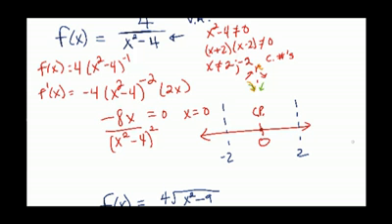We still want to see the behavior on either side. So the first test point I'm going to plug in is negative 3. Where do I plug it into? The first derivative. Now note that this first derivative denominator has the exponent of 2. That means that the denominator is always going to be greater than 0, or always positive. You see that? Because when you square something, whether it's positive or negative, the answer is always positive. So positive. So I really only need the numerator to plug in.